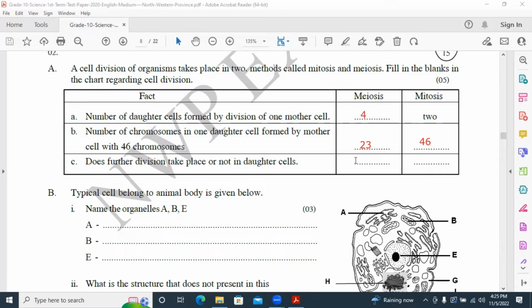In meiosis, no further division occurs, so doesn't occur is the answer. In mitosis, these cells can be divided again.